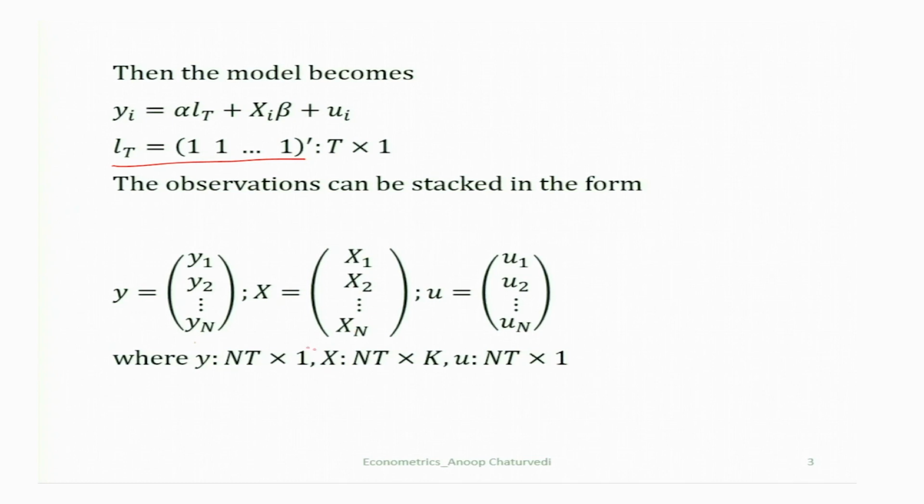Again capital X is an nT cross K matrix, and we obtain this matrix by stacking the observation matrices corresponding to different cross sections. Then u is an nT cross 1 vector, which is obtained by stacking u_1, u_2, up to u_n.